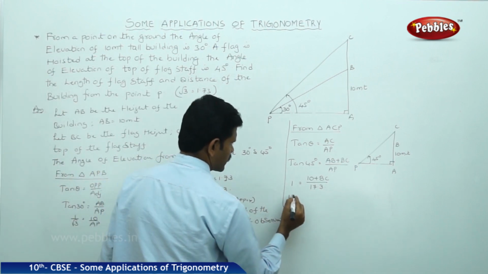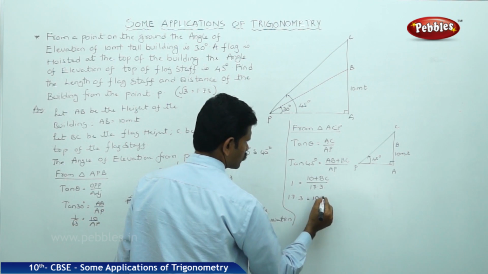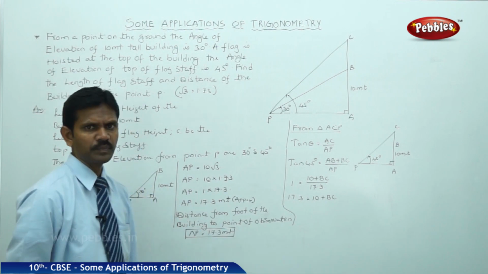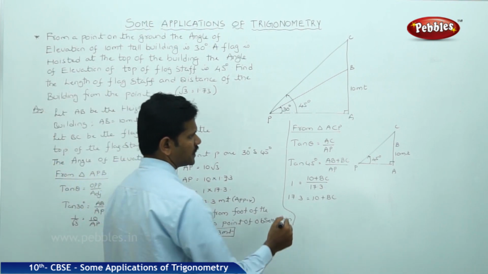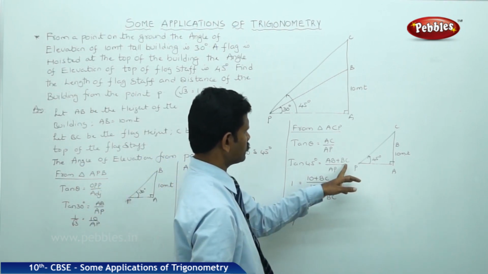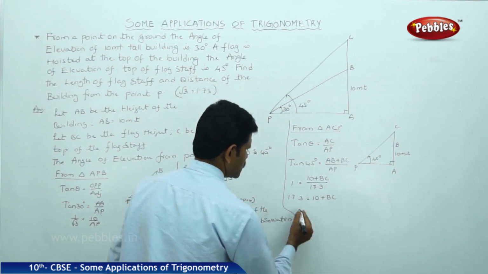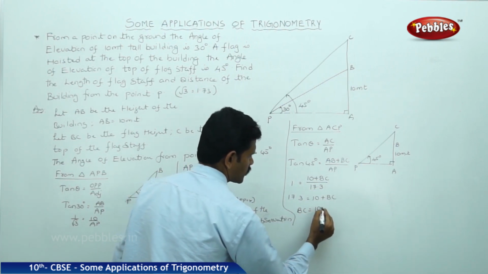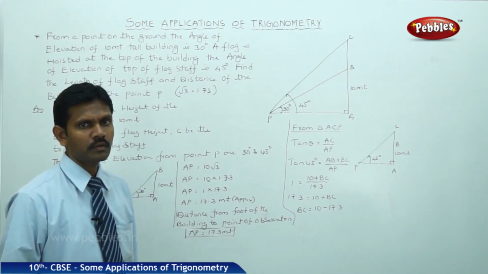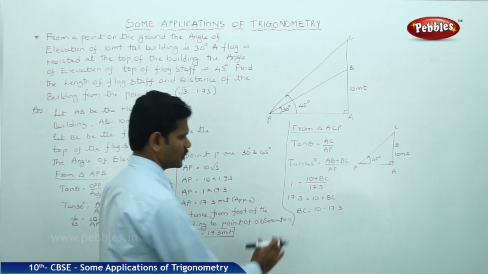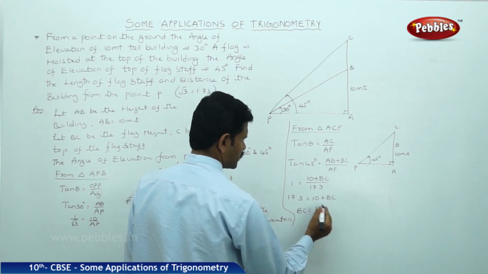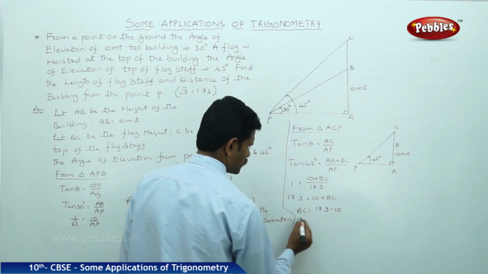Now 17.3 is equal to 10 plus BC. Now we have to find out the value of BC. BC is equal to 17.3 minus 10, the 10 moves to the other side, that is a minus 10.